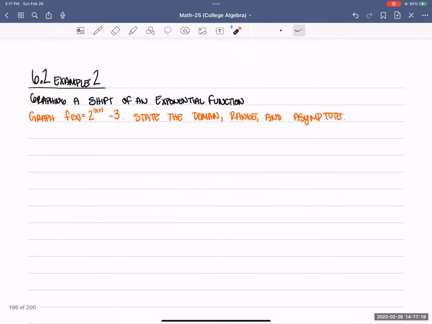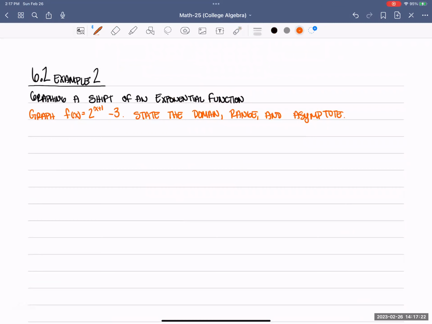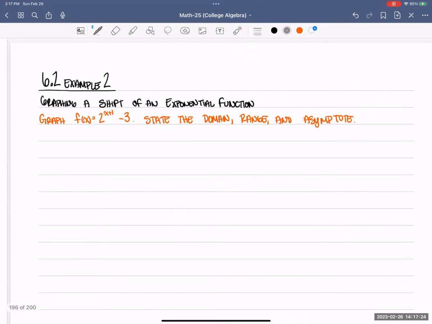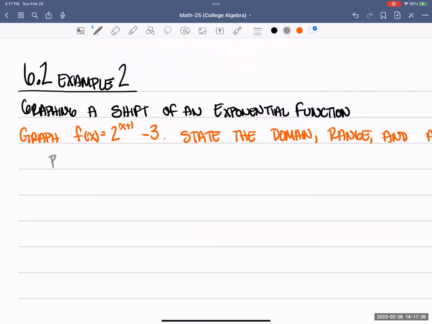So coming back up here, graph this function. Let's kind of just look at what we have so far. We have our base, 2. The horizontal shift is directly next to our input. So plus 1 tells us we're moving left, in the negative direction.